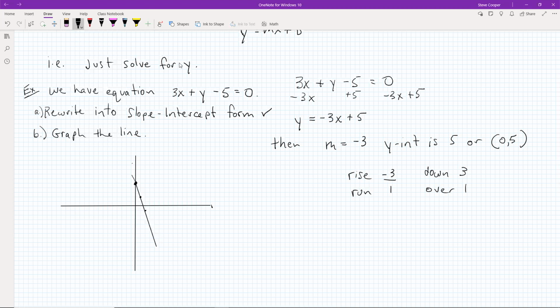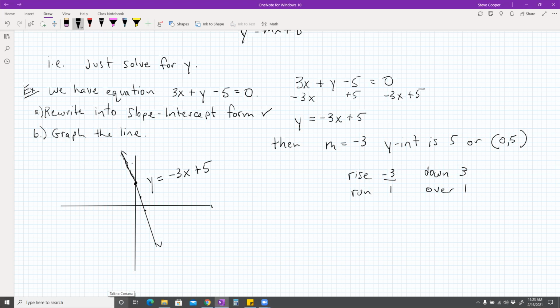If I had to draw it manually, I wouldn't do nearly as good a job. So it looks something like that. So this is the line y equals -3x plus 5. Okay.